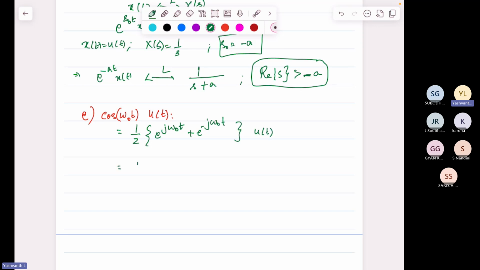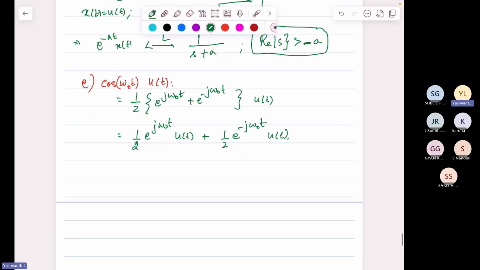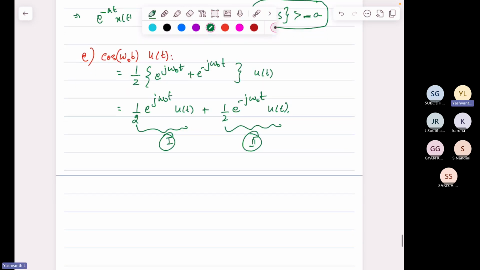Or the same as half of e power j omega naught t into u(t) plus half of e power minus j omega naught t into u(t). Okay. So let's say this is the first term. This is the second term. Let's compute the Laplace transform of term 1. So again, there's nothing but the shifting in s domain property.